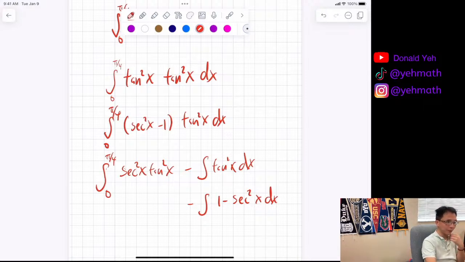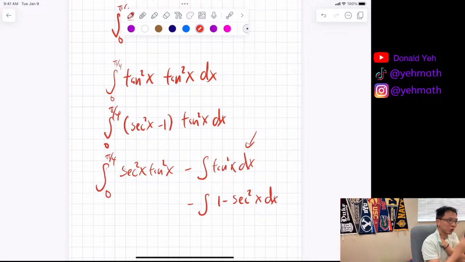So this is what I have so far. Because the integration of tangent squared is not integrable, so I have to change it. You have the final answer?